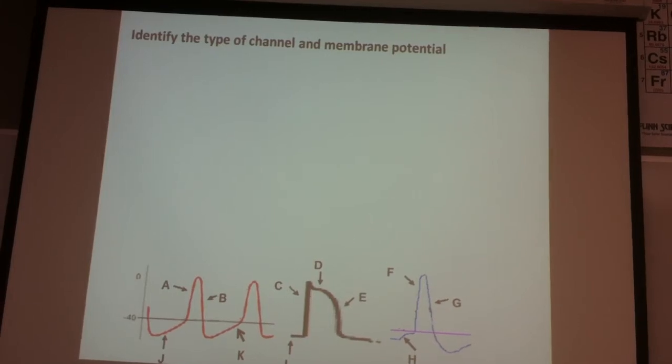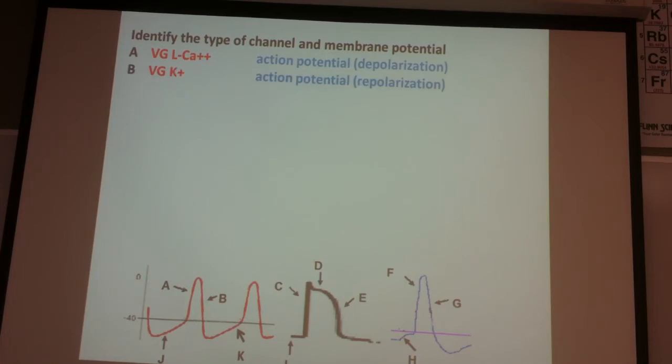All right, so A, calcium, voltage-gated, called by what? Voltage-gated calcium channels, resulting in the depolarization phase of our action potential. B, repolarization, due to voltage-gated potassium. The L stands for long-lasting.